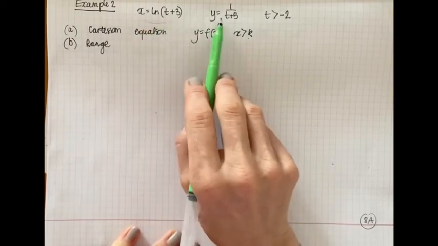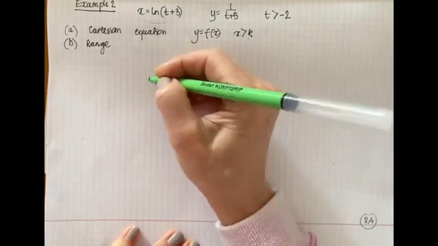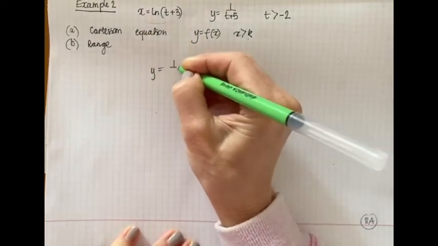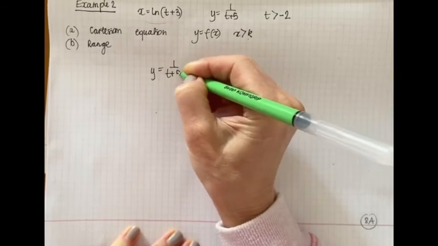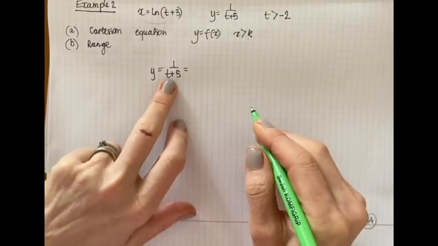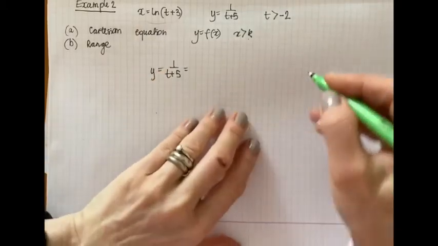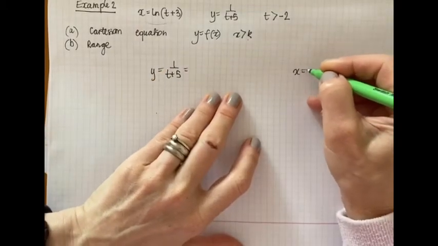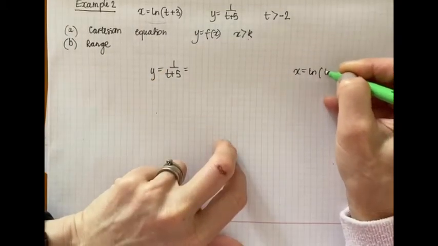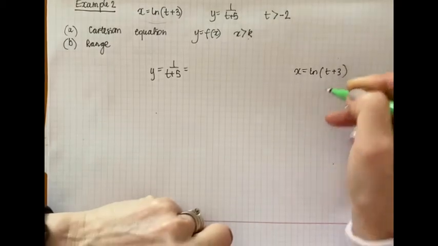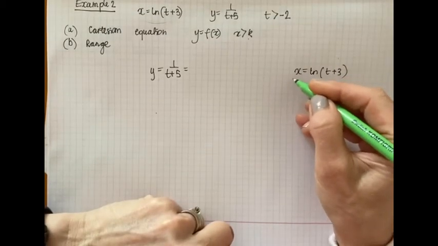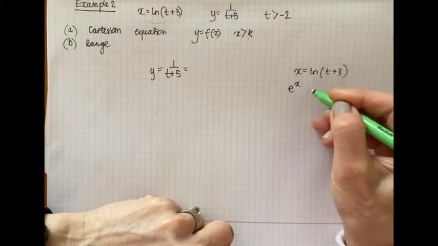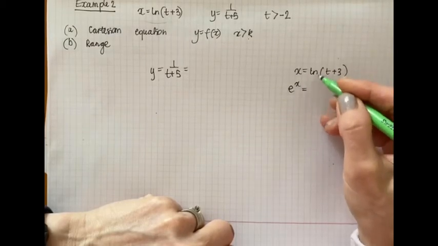Let's look at the Cartesian equation. So y is equal to 1 over t plus 5. So I need to have t. So using the first equation, x is equal to ln of t plus 3. Let's rearrange it. So e to the power of x is equal to ln, and e will cancel.